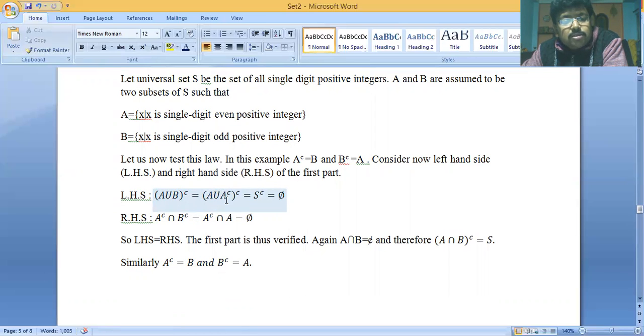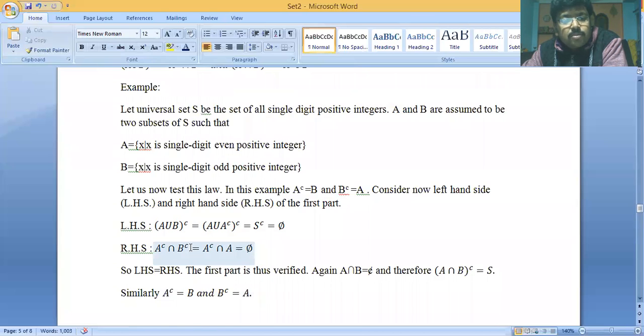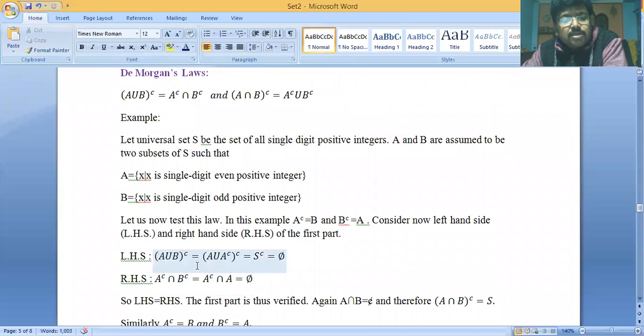A union A complement is the universal set, and its complement is the null set. And right hand side: A complement intersection B complement equals A complement intersection A set equals null set. So left hand side and right hand side are equal.